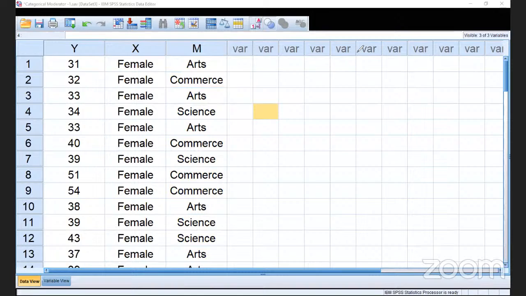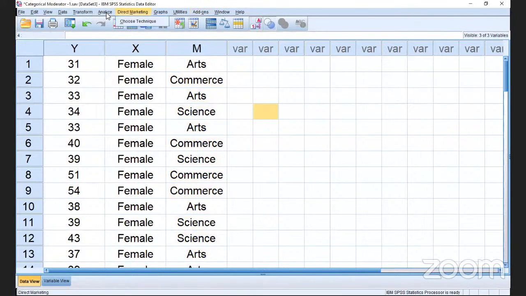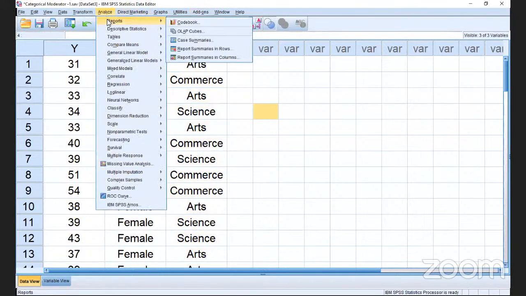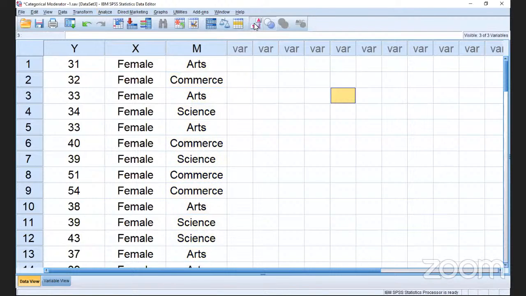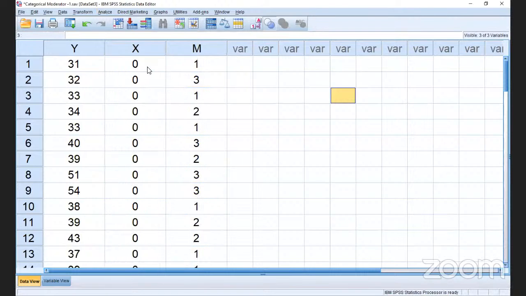I am using the factorial ANOVA. So analyze. But before running the factorial ANOVA, I want to check whether the relationship between the independent and dependent variable is significant or not, whether there is any discrimination in salary for male and female teachers.